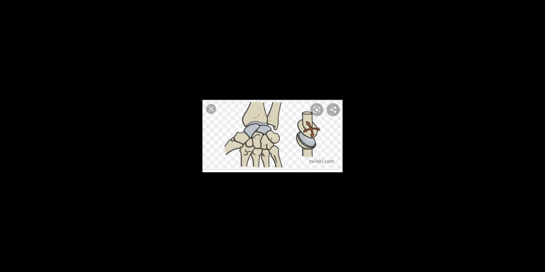Last but not the least, the gliding joint. Between the rows of carpals, two rows of the carpals, these joints are classic examples of gliding joint.